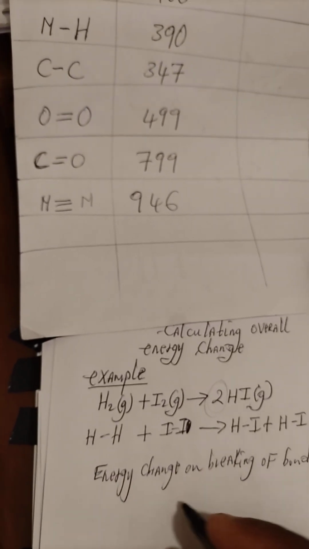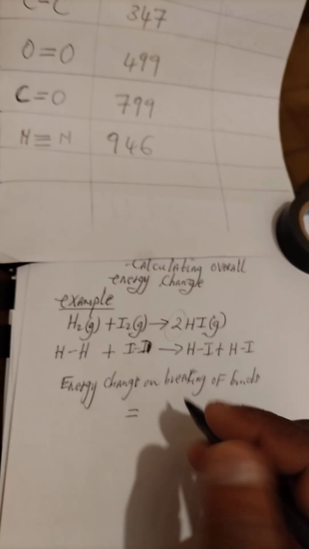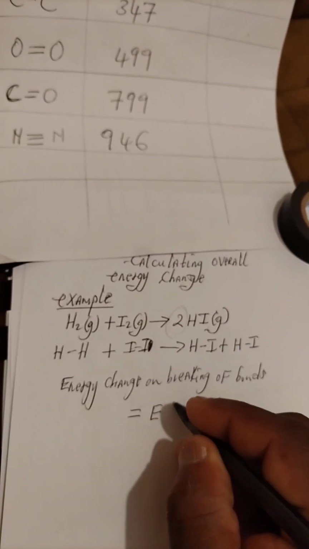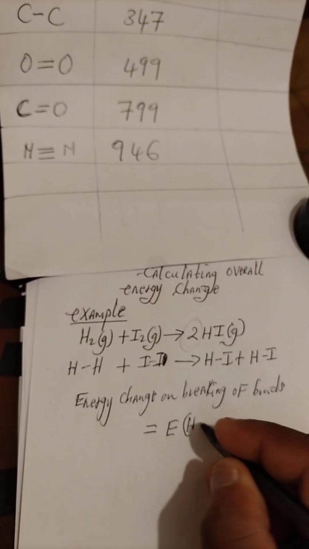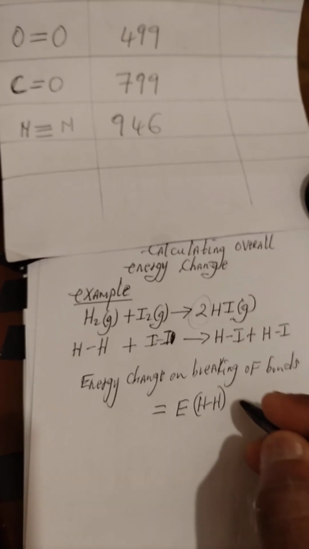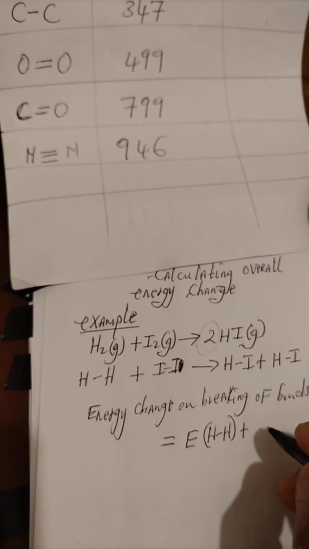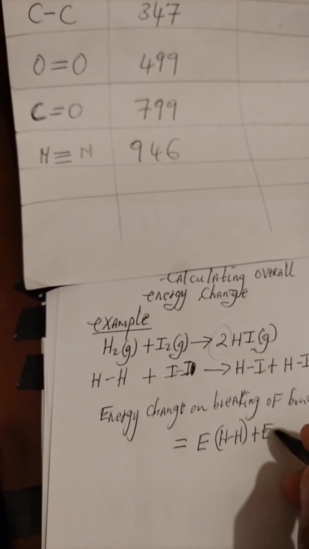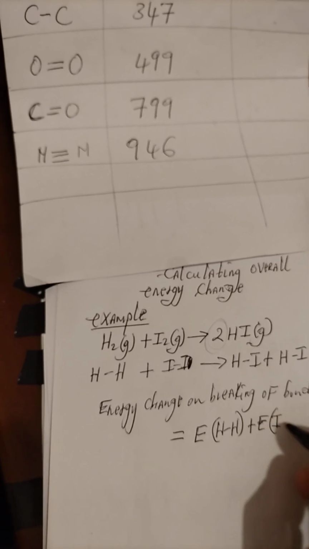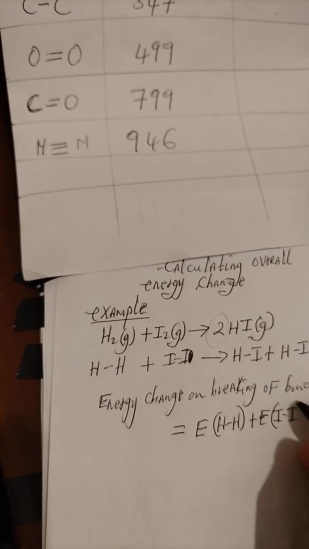Energy change on breaking of bonds is very easy. It's a combination of the two. So look at it carefully. We say energy in relation to this bond here, plus energy in relation to the bond of the 2 iodines.